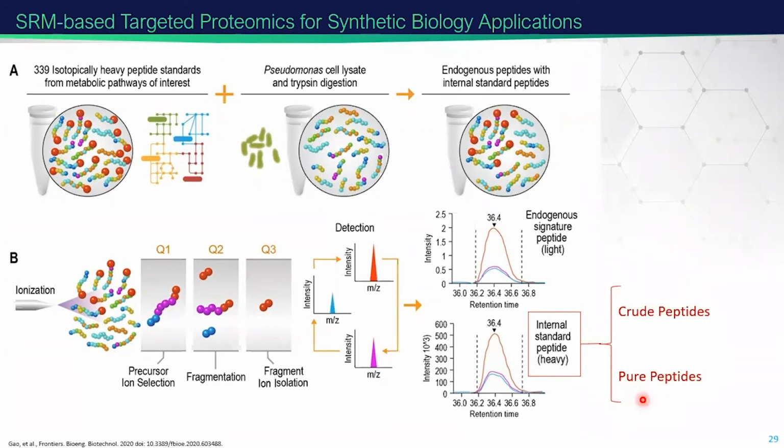So when you go back to the ratio, you can know exactly the concentration of the endogenous peptides in the system. If you use just crude peptides, which are cheap and easy, you can still do a comparison between samples, but you will not know the absolute concentration values of the peptides you are interested in.